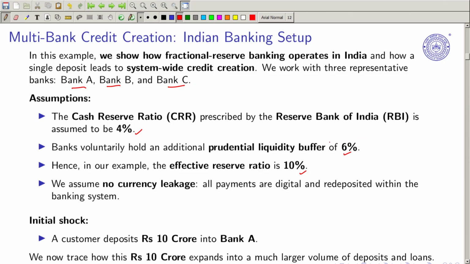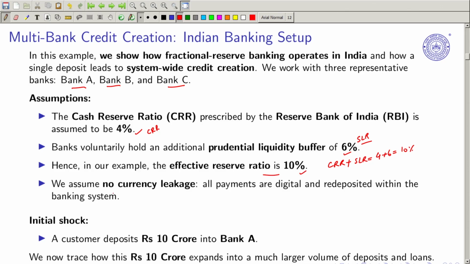So if this is CRR, it can also be the SLR. So CRR plus SLR is coming, so we can write here CRR plus SLR. Suppose hypothetically I have taken 6% for SLR, so it is 4% plus 6%, which is 10%. This is what we are assuming here.